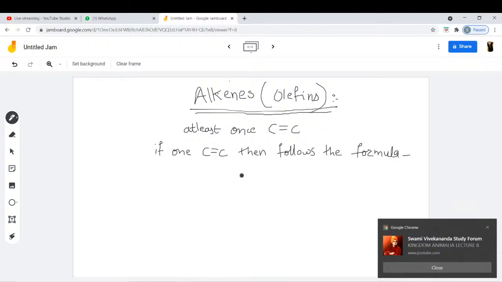It is nothing but CnH2n, where in this formula n equals 2, 3, 4, 5 and so on. But not starting from 1. Remember there is no 1. Starting from 2, 3.